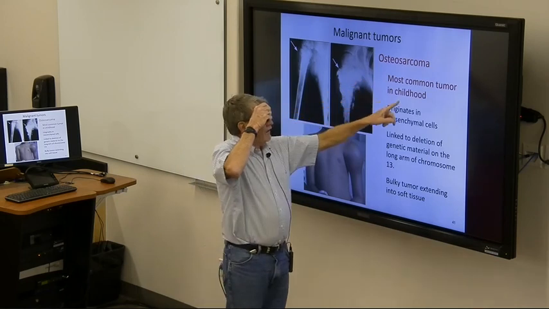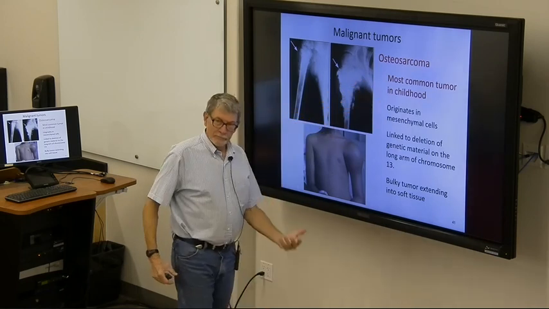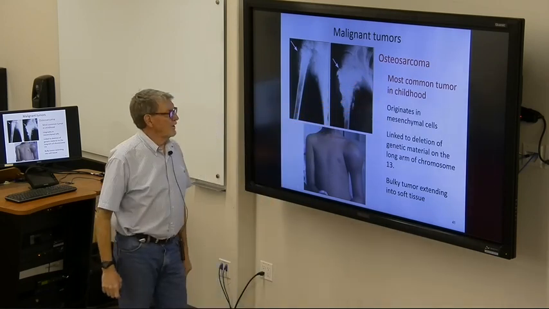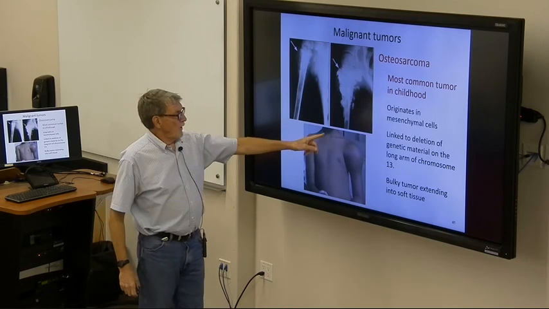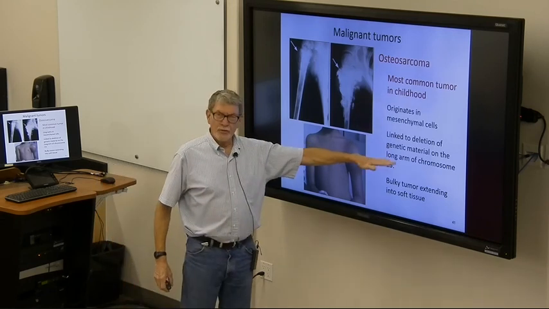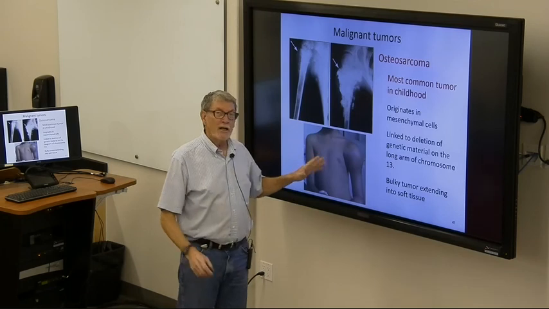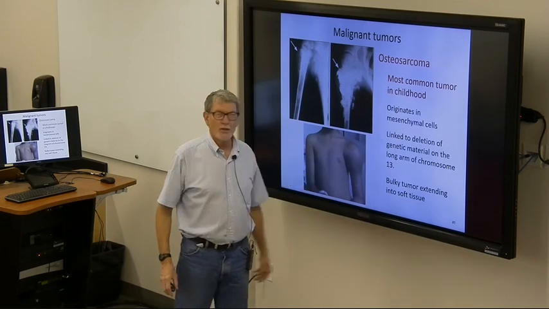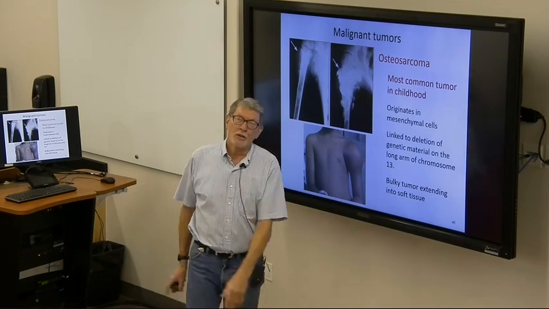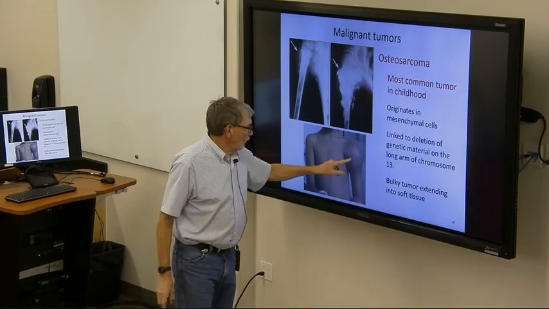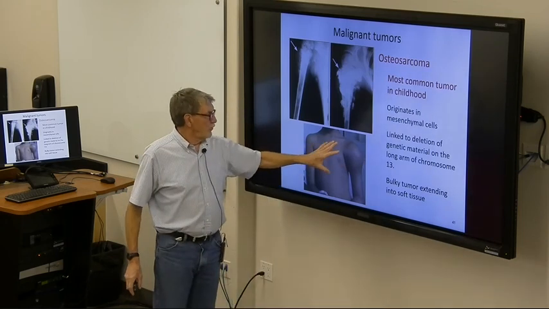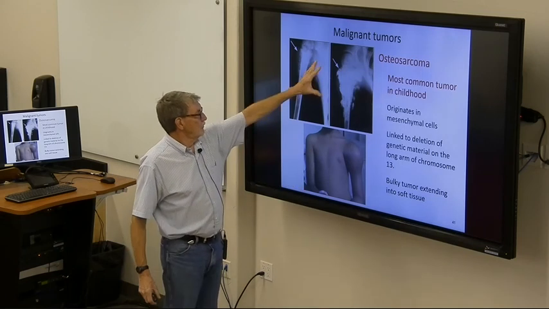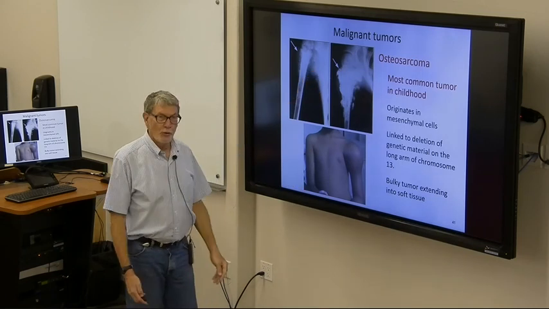Osteosarcomas are relatively common in kids. Again, this is a genetic thing. They haven't done anything wrong to get this. They're born with a predisposition. It's like having the BRCA gene or something that causes them to grow these remarkable tumors.